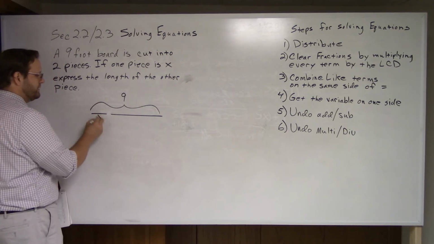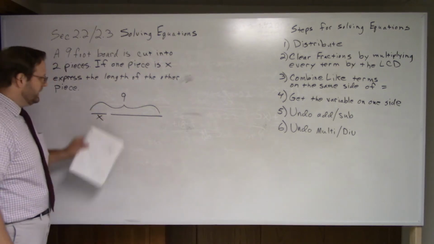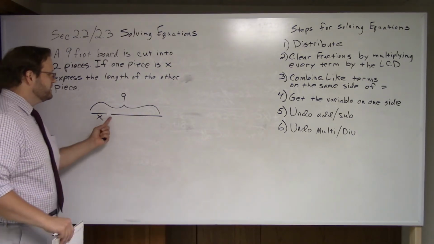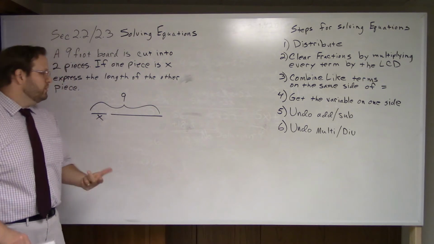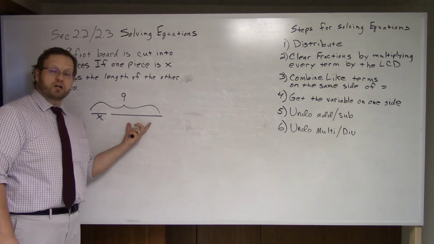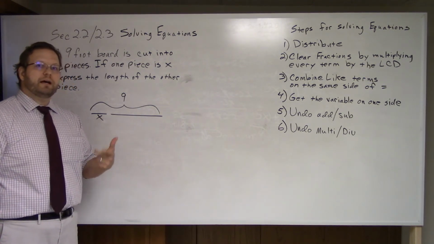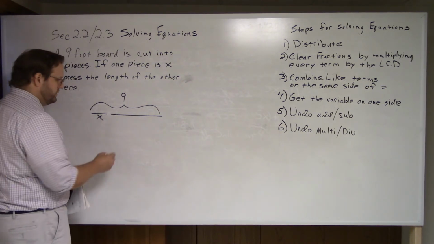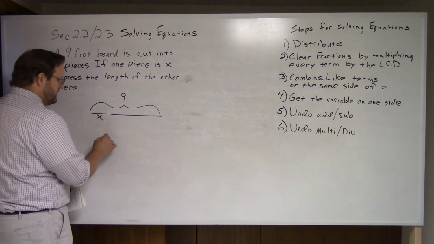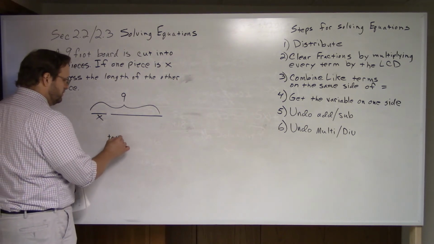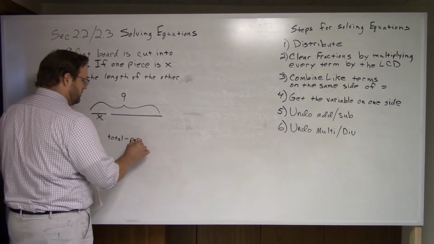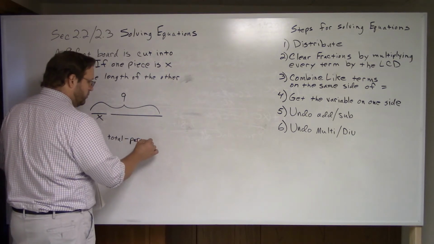One piece is X. Express the length of the other piece. Okay? Now, this piece right here, I think we would all agree, is that leftover chunk of the board. Whenever it's leftover, all we are going to do is take the total minus the part or parts we know.